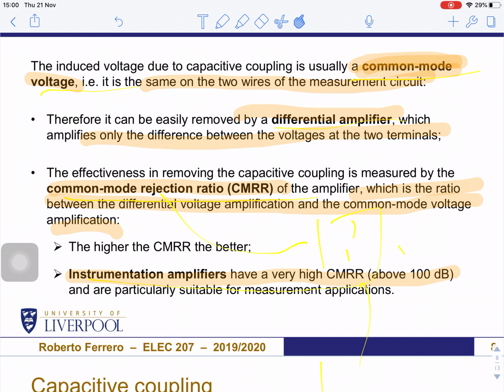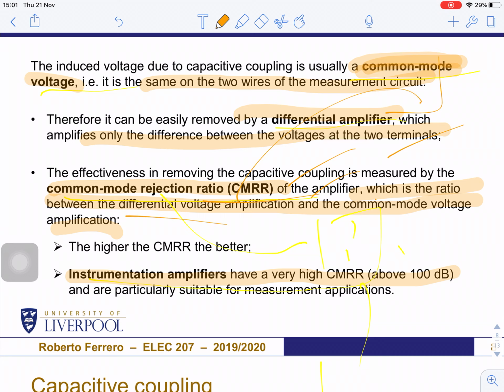The effectiveness in removing capacitive coupling is measured by the common mode rejection ratio. The common mode rejection ratio is actually specified in the document, which is the ratio between the differential voltage amplification.